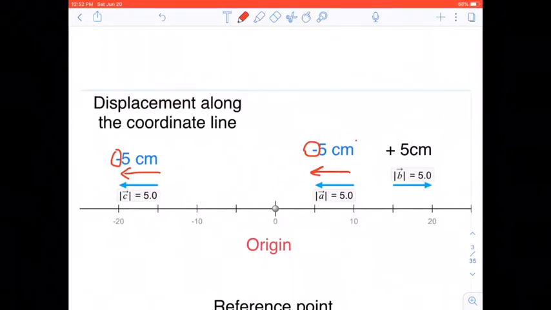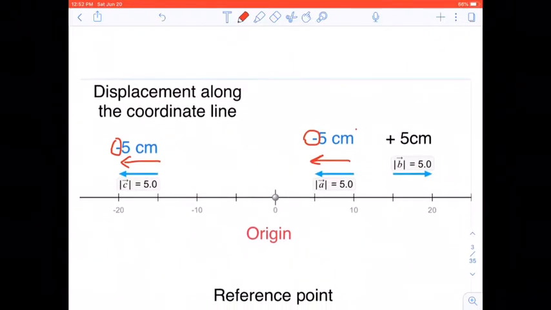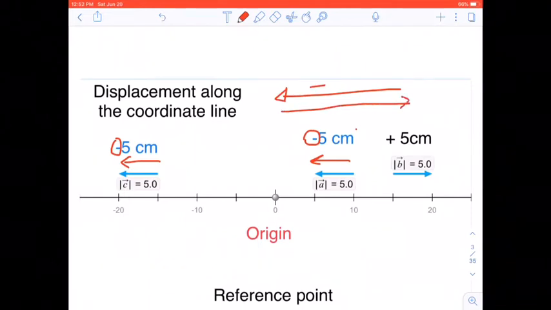The negative signs actually tell us that it is going in the negative direction. If we take that direction as positive, then this here would be in a negative direction. So when we're dealing with displacement, the negative sign gives you direction.